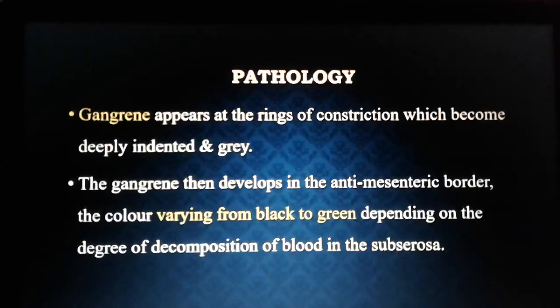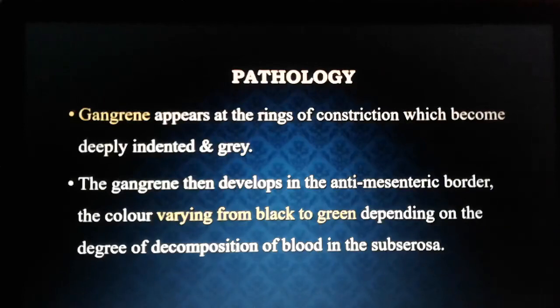Blood in the subserosa, as we have just discussed in the last slide: the blood comes inside the lumen as well as extravasates in the subserosal layer, and depending on the degree of decomposition of that blood, the color may change. This diagram you must have gone through in the previous video.